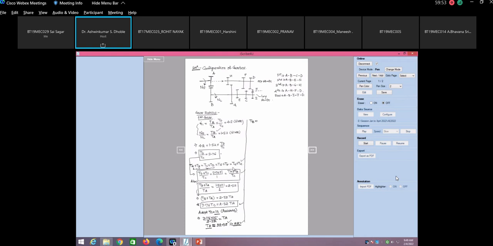This is the relation: TB by TA is 1.52. So TB is 1.52 times TA. So now it is 1.52 into 22. This comes out to be 33.44. So again I assume that approximately this is 33.